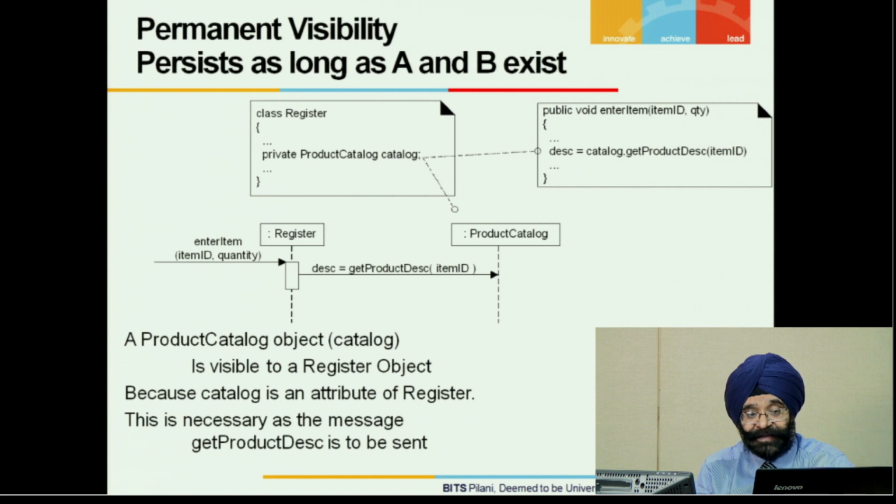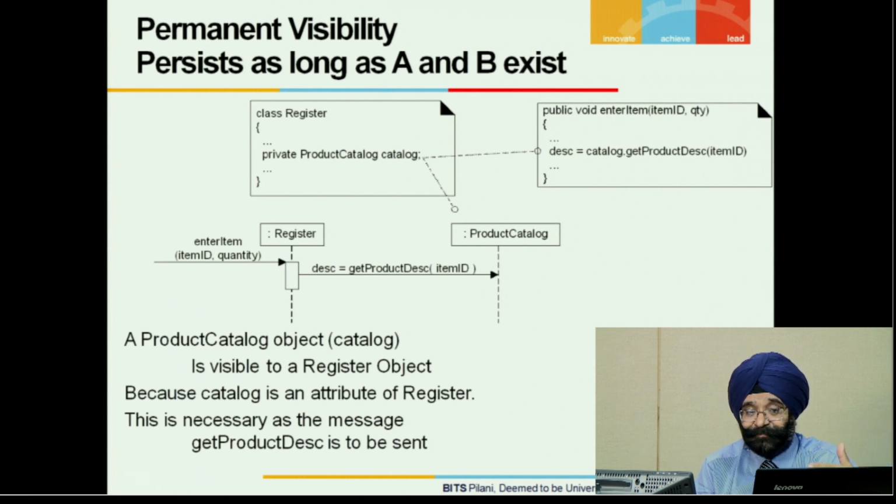Now there again, that method called enter item which executes in register, there's a method in class register called enter item. Now that method enter item in register requires the description. This method called enter item has come with two parameters, the item ID and quantity.